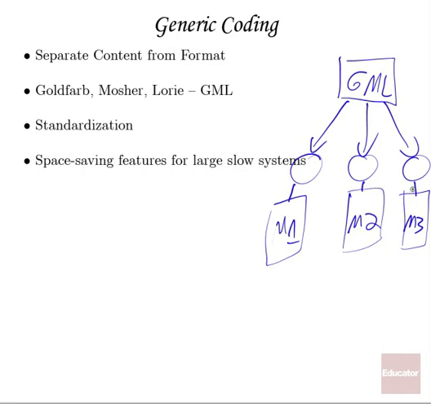SGML was originally designed for organizations that might have thousands, tens of thousands, perhaps even millions of important documents. So if you're going to mark up all these documents, meaning you're adding to the character count of each file, it's a good idea to come up with a way to save space where you can.